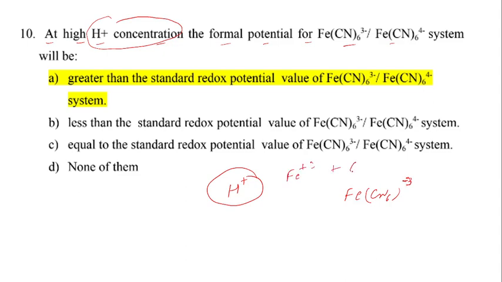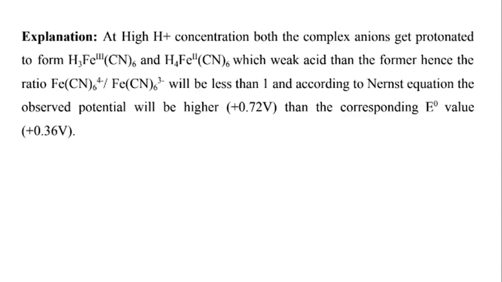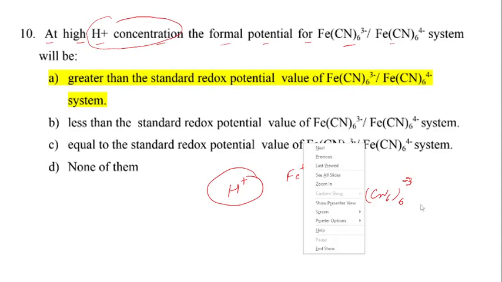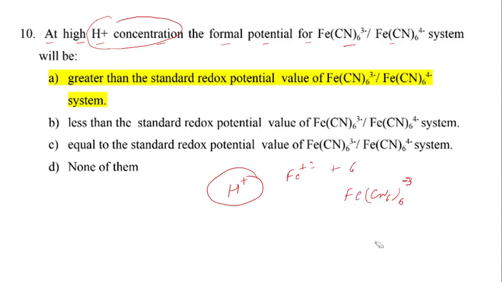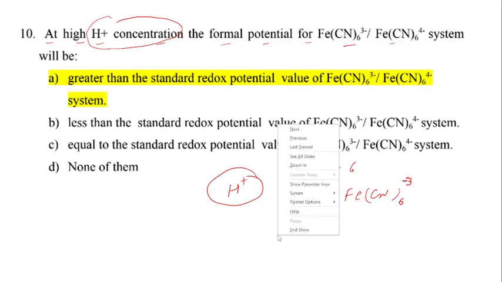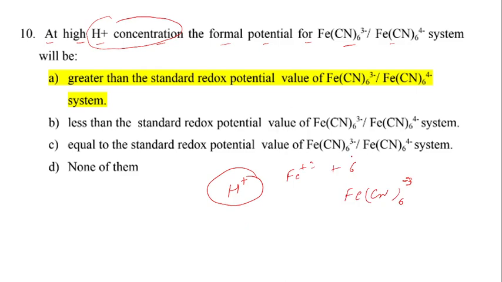When it reacts with 6 CN, it makes bond with 6 cyanide ions. Here 6 negative charge, here 3 positive charge, so 3 will be cancelled, but still 3 negative charge will remain. So it is made from the Fe plus 3 ion.